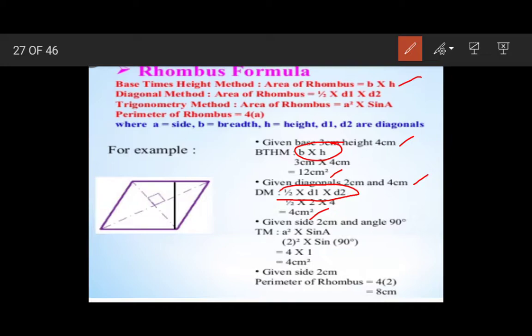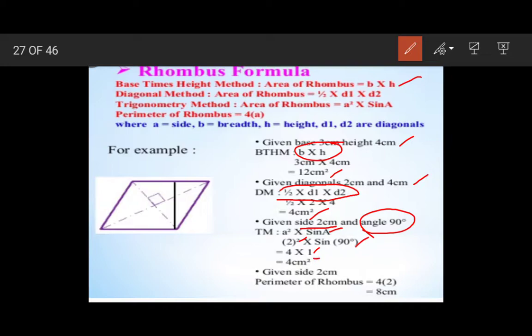Suppose side is given as 2 centimeter and one angle is given as 90 degrees. Then we can find the area of the rhombus by using the formula side square into sine a. So 2 square into sine 90 degrees. So 4 into sine 90 degrees, which is 1.